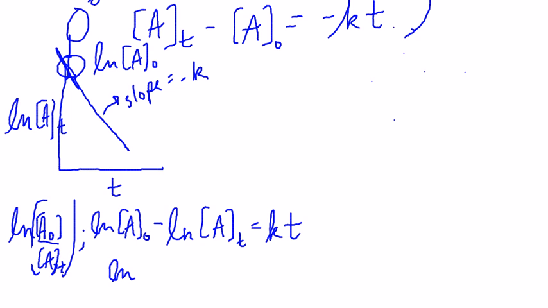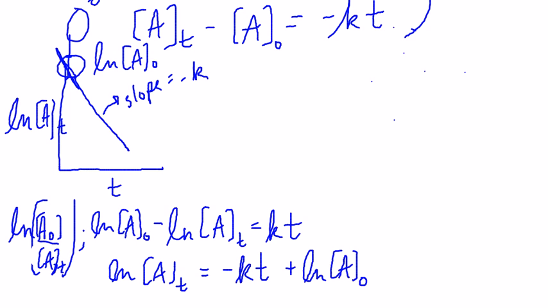Rearranging, ln of A at time t is equal to minus kt plus ln of A naught.